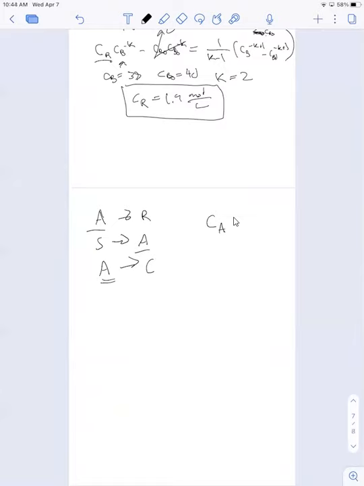You normally calculate conversion as CA naught minus CA over CA naught, but this is actually taking into account all these 3 reactions, so the conversion is going to be wrong.